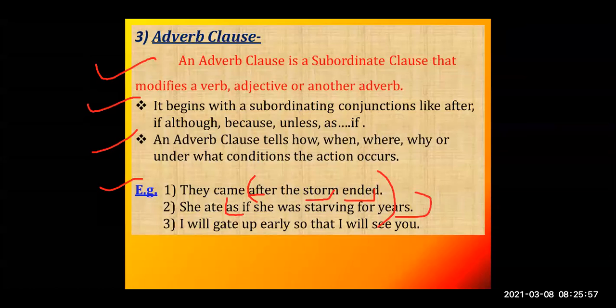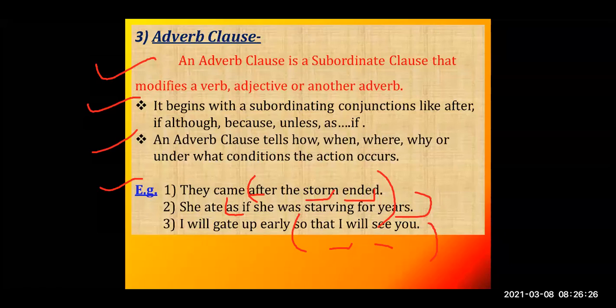This is our adverb clause. Third, I will get up early so that I will see you. Here I is the subject, see is the verb, and so that I will see you is our adverb clause.